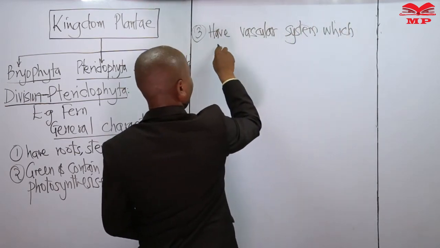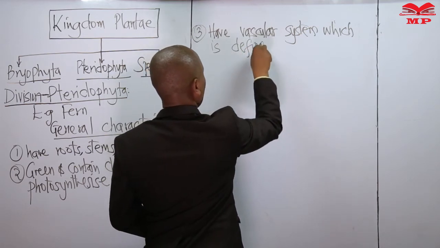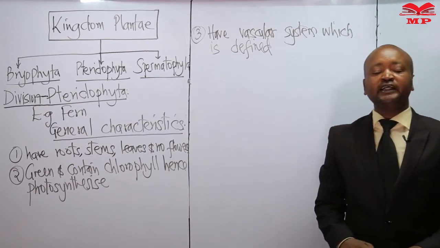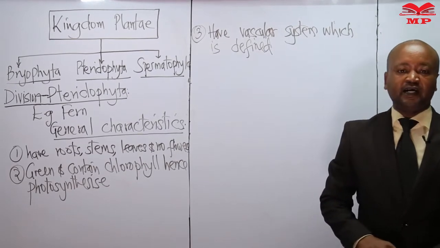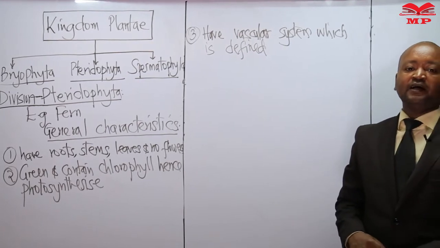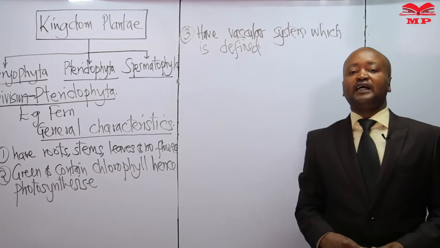A well-defined vascular system is one which contains two things: the xylem and the phloem. Remember, for division Bryophyta, it didn't have that.